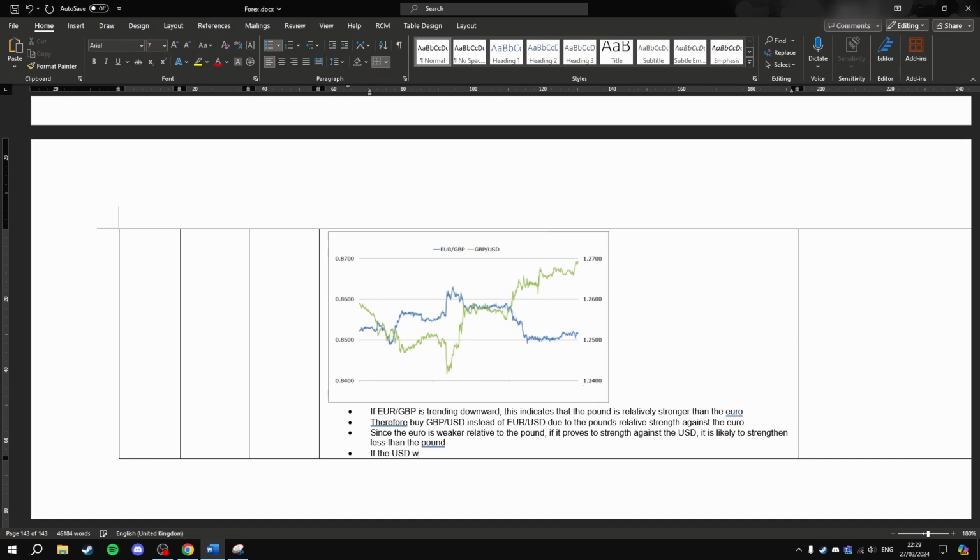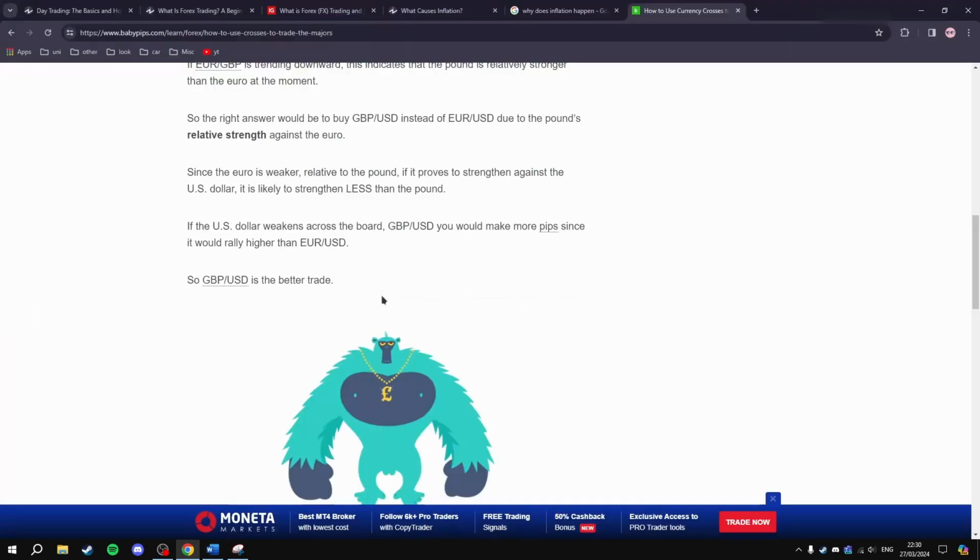If the USD weakens across the board, with GBP/USD you would make more pips since it would rally higher than EUR/USD. So if the US dollar really weakens, then GBP/USD would go higher because it is inherently stronger than EUR/USD. You know how we said in the previous lesson you're meant to match a strong currency against the weaker one.